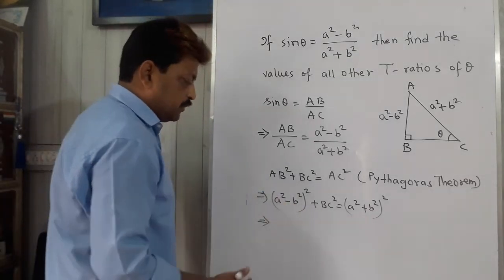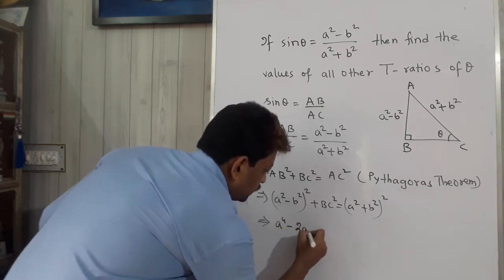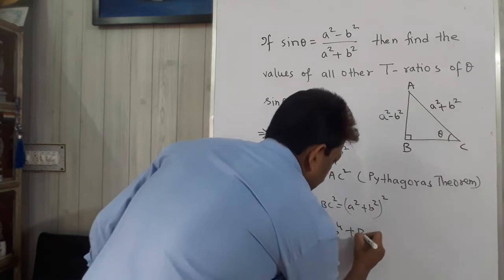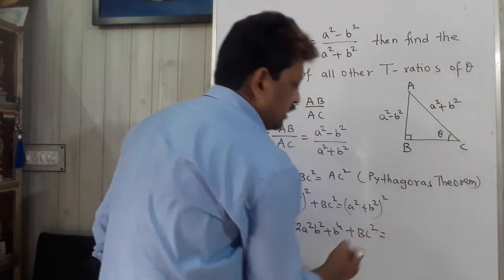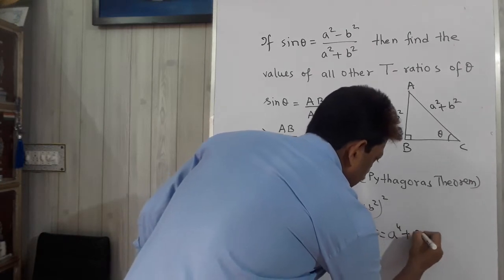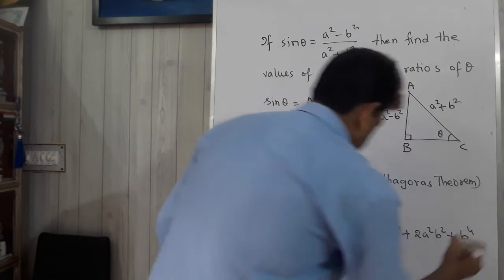So (a minus b) whole square, a square minus 2ab plus b square, plus BC square equals, this side is (a plus b) whole square, so a square plus 2ab plus b square.